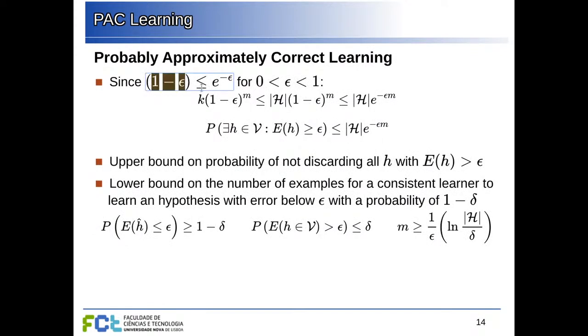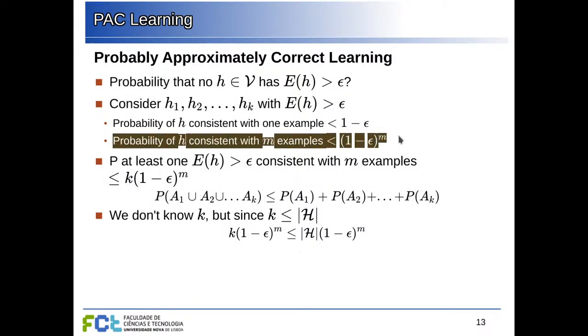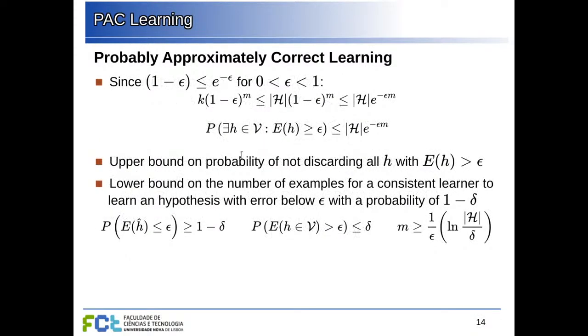1 minus epsilon is smaller than e raised to minus epsilon for all values between 0 and 1. So since epsilon must be between 0 and 1, we can do this transformation here. And so we reach this conclusion that the probability of there existing one hypothesis that is in the version space, so it's consistent with all the examples in the training set, but at the same time having a true error at least as large as epsilon, cannot be greater than the size of our hypothesis class multiplied by e raised to minus epsilon m.